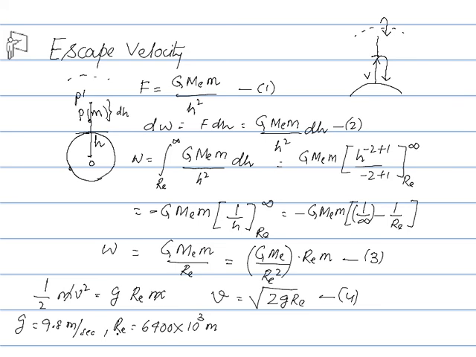By putting these values of g, acceleration due to gravity, and the radius of Earth, we find that the escape velocity comes out as 11.2 kilometer per second, after converting to kilometer. So we conclude, if we can throw a particle with an initial velocity of 11.2 kilometer per second, then this particle will certainly escape the gravitational field of Earth. This is called escape velocity.